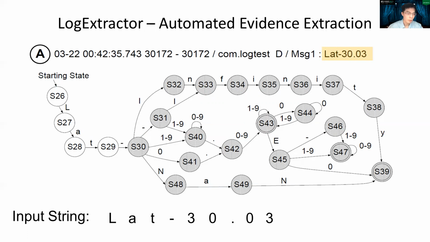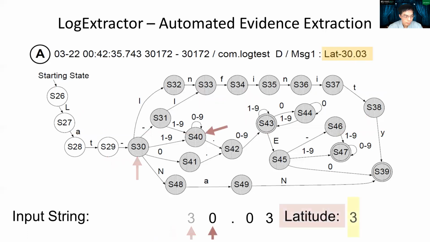So here we play an animation to see the result. As you can see, with such a state diagram, we can successfully extract the latitude value, which is 30.03, from the input string. Our research purpose is to use LogExtractor to answer both evidence identification and extraction problems.